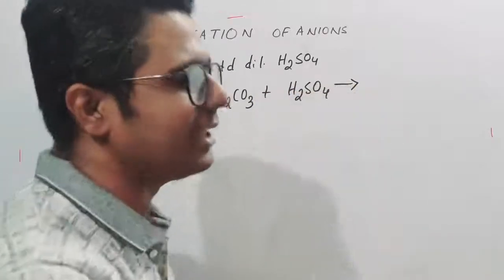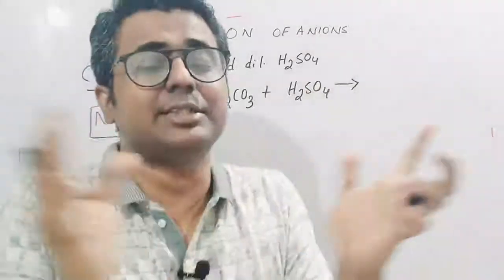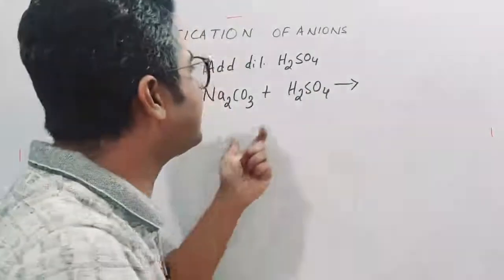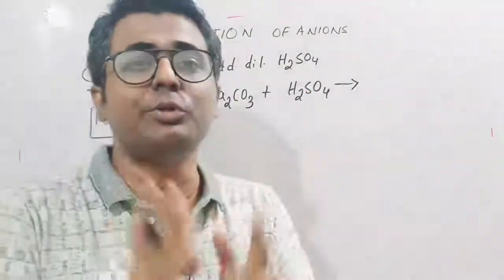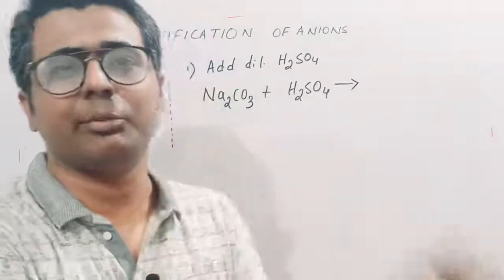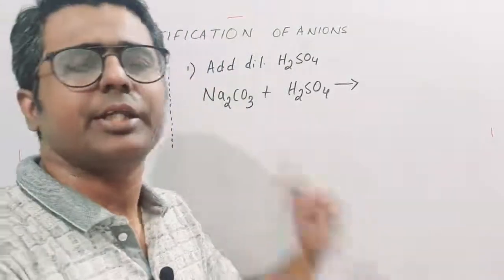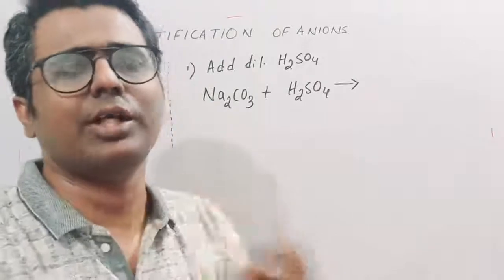Carbonate plus acid. Remember this reaction as a mathematical formula. Carbonate reacts with acid, so you will get salt, water, carbon dioxide. Any carbonate with acid gives salt, water, carbon dioxide.